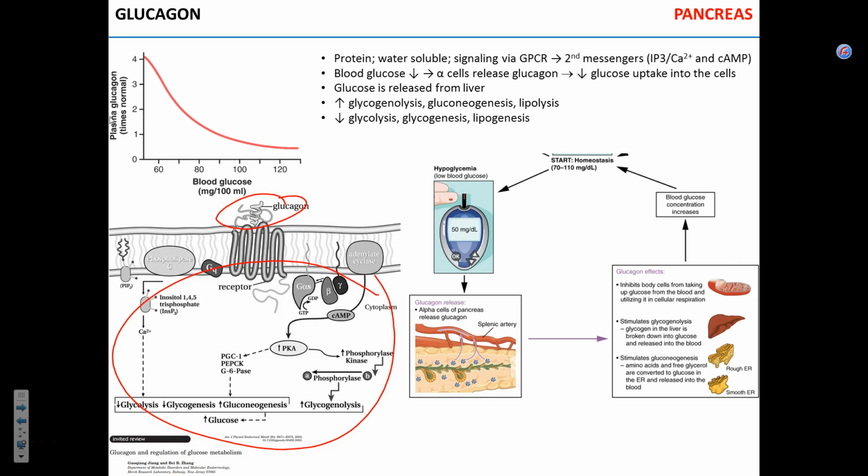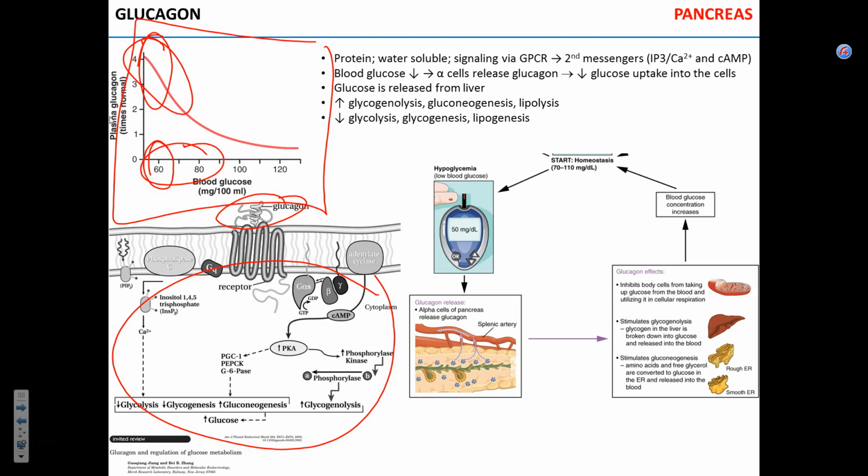All you need to understand is that it's water soluble, so the receptor is on the surface. Now, glucagon will increase blood glucose. Here you can see the lower the blood glucose, the higher the glucagon levels, in this graph in the upper left corner. Okay? The lower the glucose, the higher the levels of glucagon.